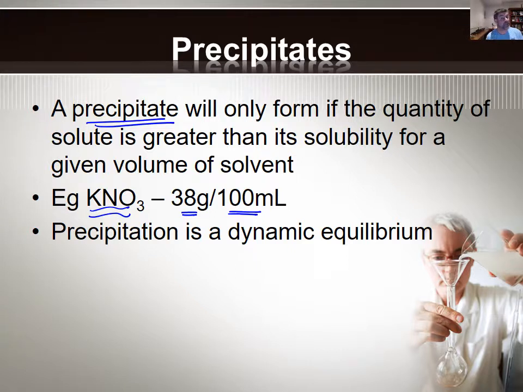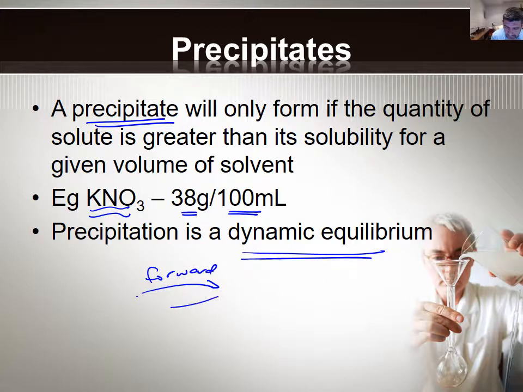If we add 39 grams, there will be 38 grams of potassium nitrate in solution and 1 gram, which will be a precipitate on the bottom. But that 1 gram will remain 1 gram, while the actual ions will constantly be shifting and changing. And that's because precipitation is a dynamic equilibrium. The rate of the forward reaction equals the rate of the reverse reaction.